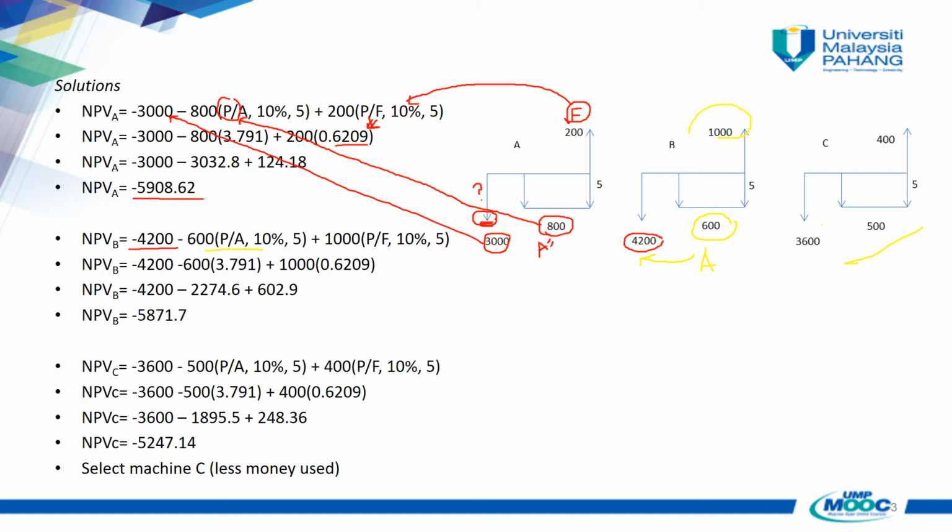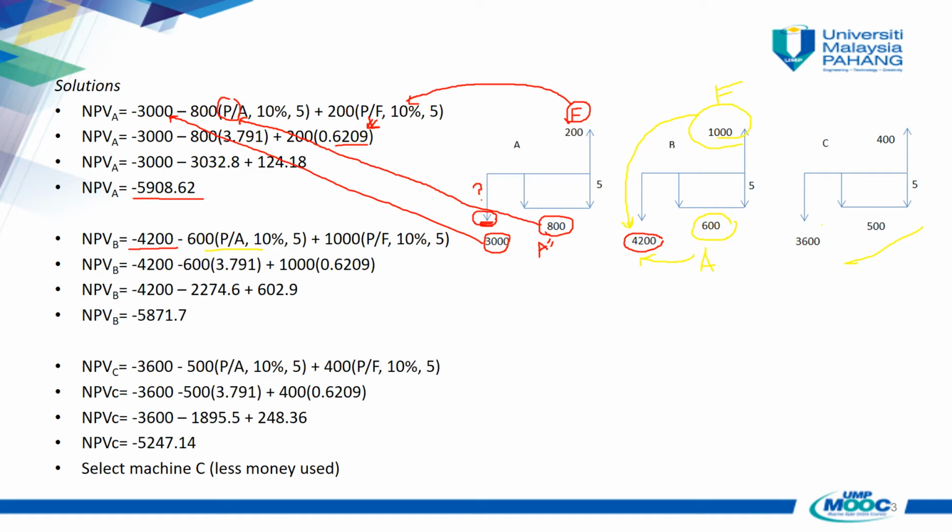What is the value form of this 1000? This 1000 is in the form of F, future value. So we want to convert this F to become P, the present value.